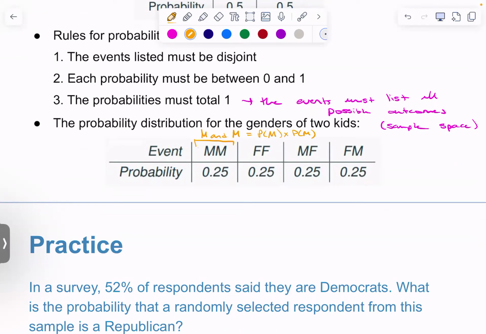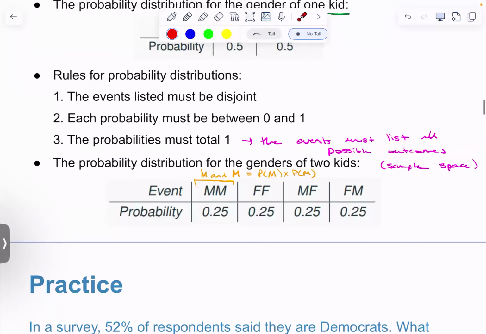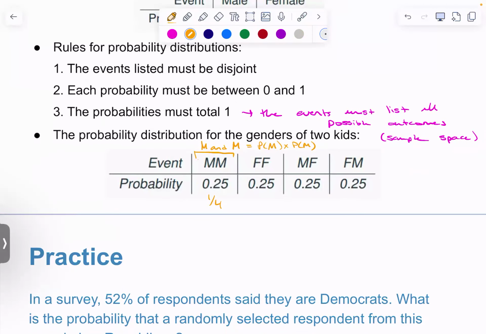Or what's another way? We've got 4 possible outcomes, and I have a 1 in 4 probability of landing in one of those quadrants. That's the same. We've just split the probability of 1 into 4 possible categories. Okay. Good.